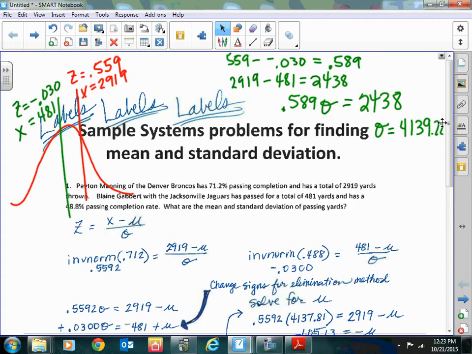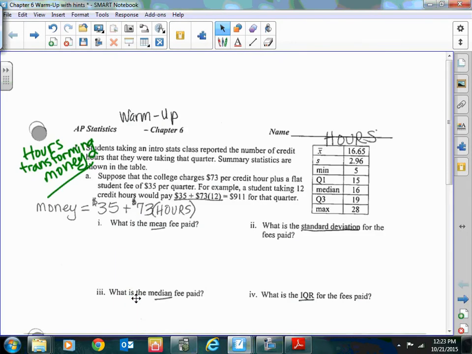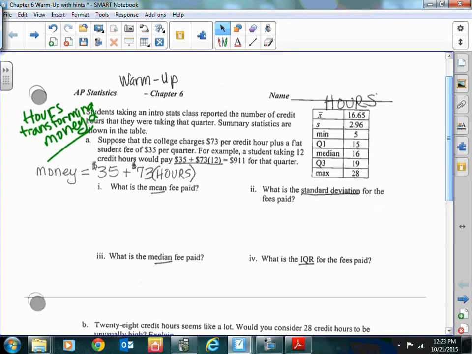Here we go. Let's take a look at page 26. This first problem is about students who were taking college classes, and data was collected on how many hours they were taking that particular semester.